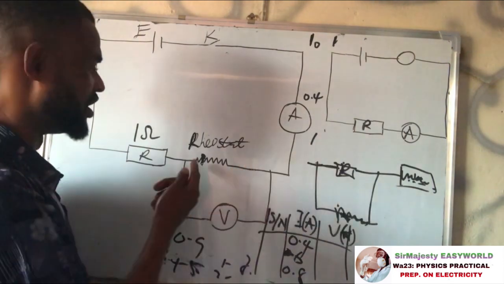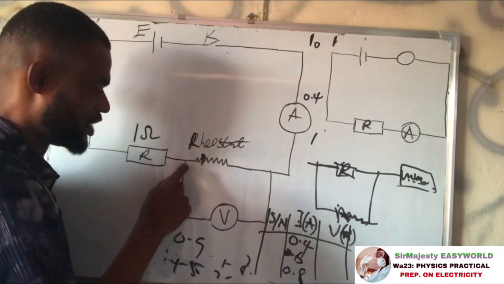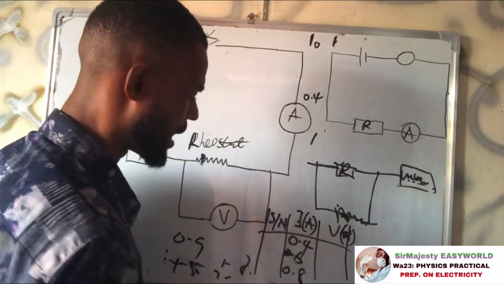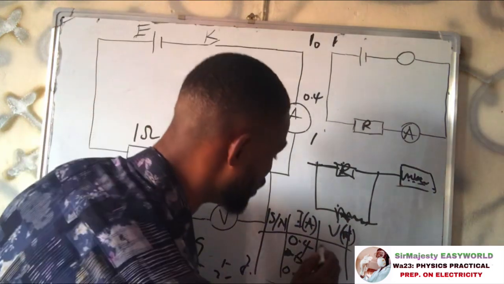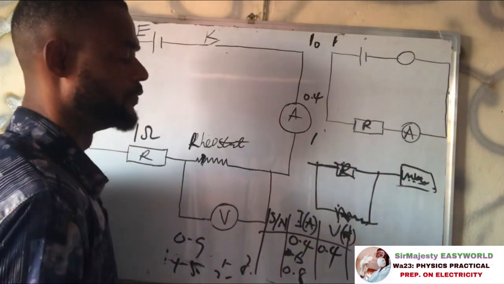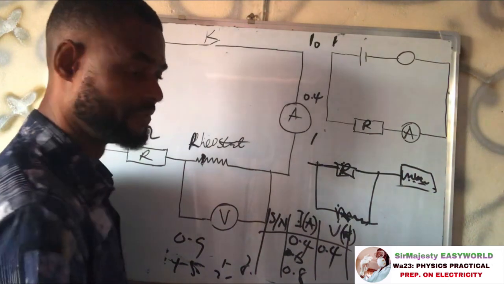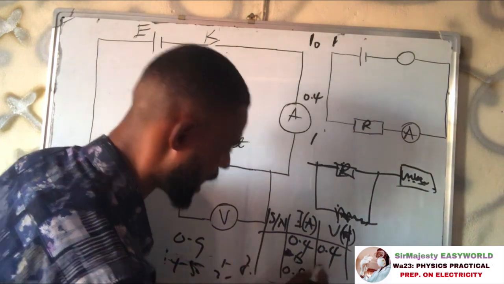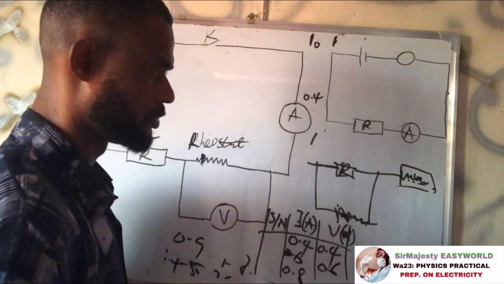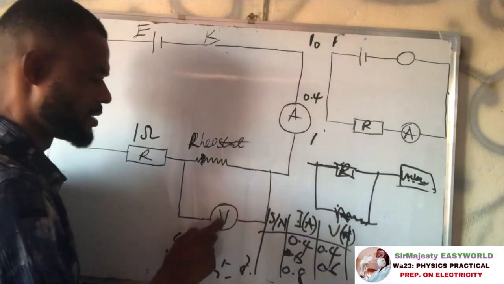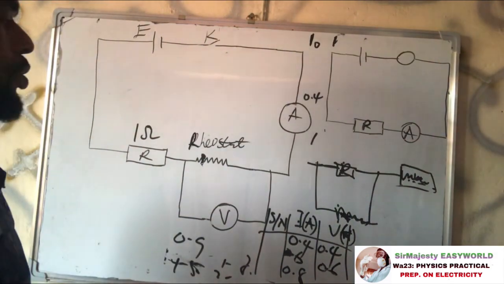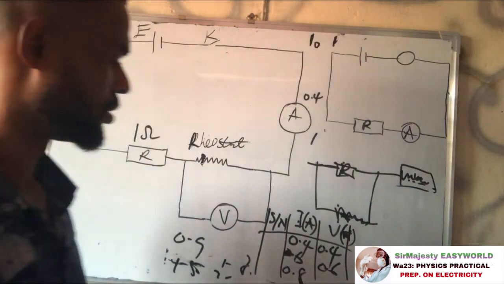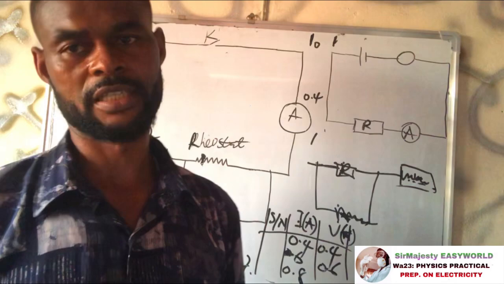This one is in series with the rheostat, and this one is in parallel with the rheostat. Since I have 0.4 ampere here, I should also have 0.4 volts here without even disturbing yourself going to do the practical. And if I have 0.6 here, I should also have 0.6 here. So the reading here and here are the same. So you use it, I against V, to plot your graph, which we will show you later. It's a very simple thing.